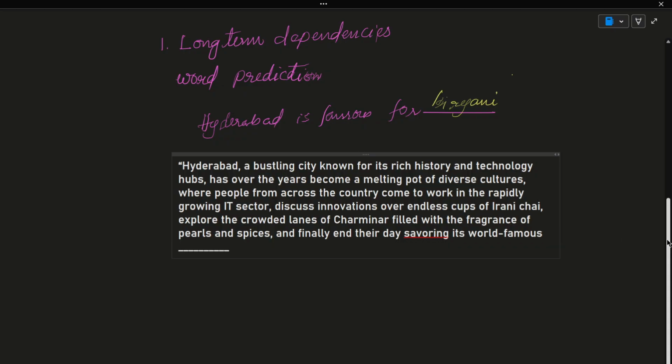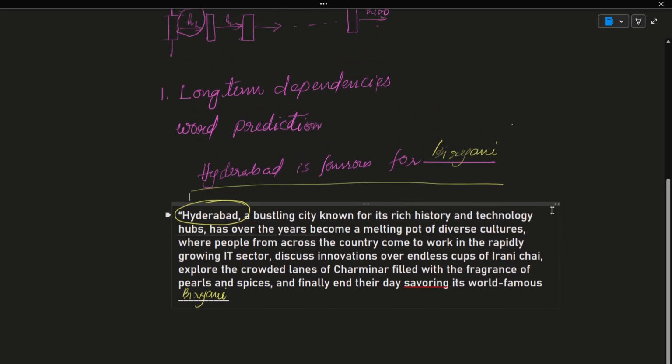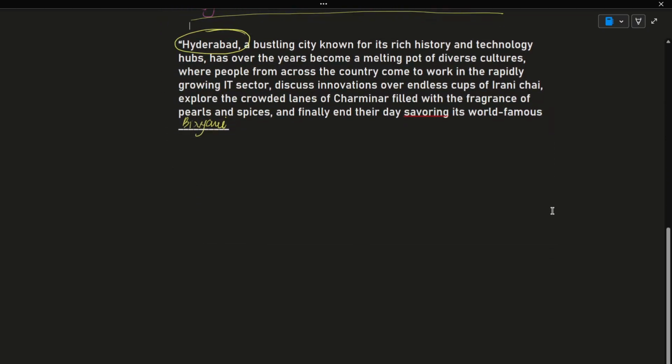Actually, my intention is that it should predict biryani there, but the problem is that it will predict biryani only if it remembers Hyderabad. That is okay when you have a short sentence, but when we have long sentences, predicting that is very difficult. This problem we call long-term dependency.